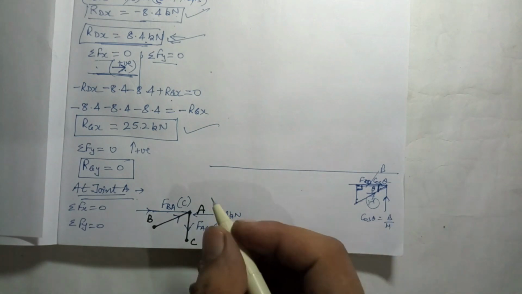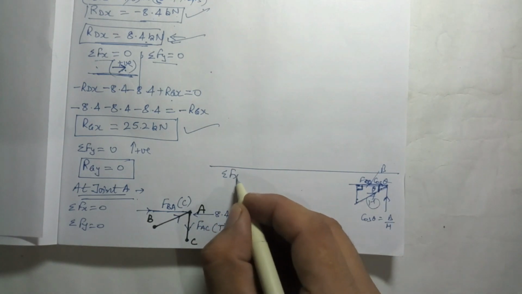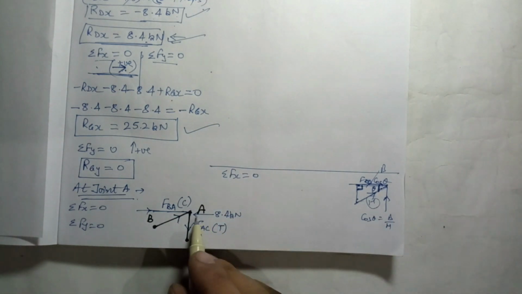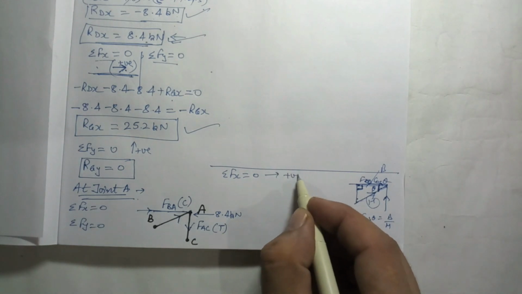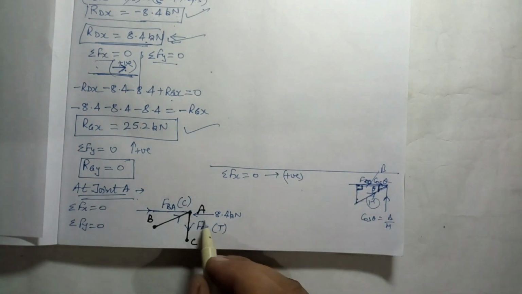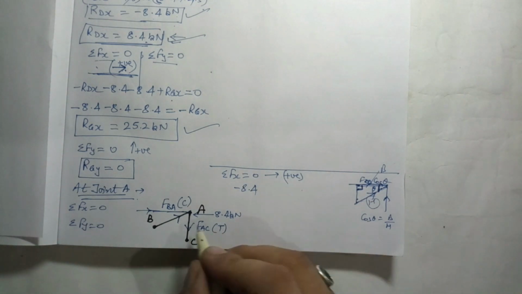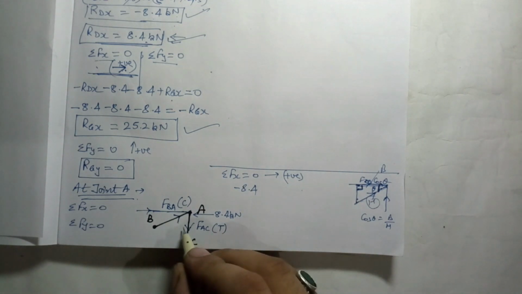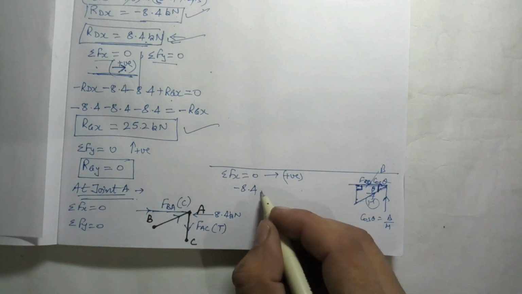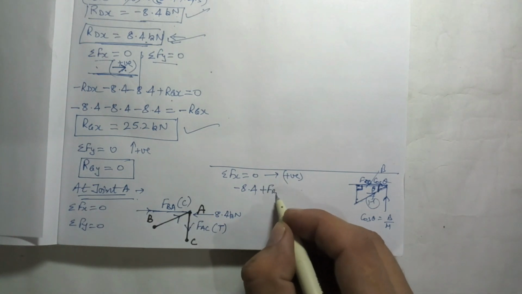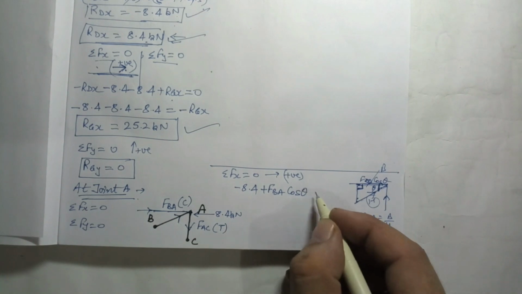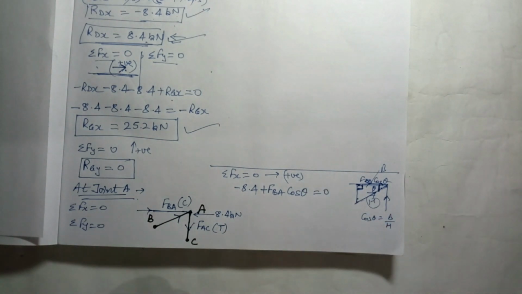So I will write the equation now for Fx equal to 0. Let's say right side is taken positive, so minus 8.4 because it is going to the left side, then plus FBA cos theta, that is equal to 0.